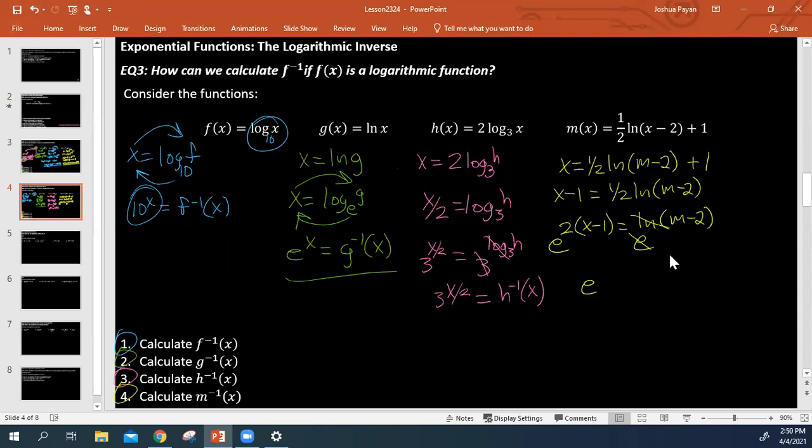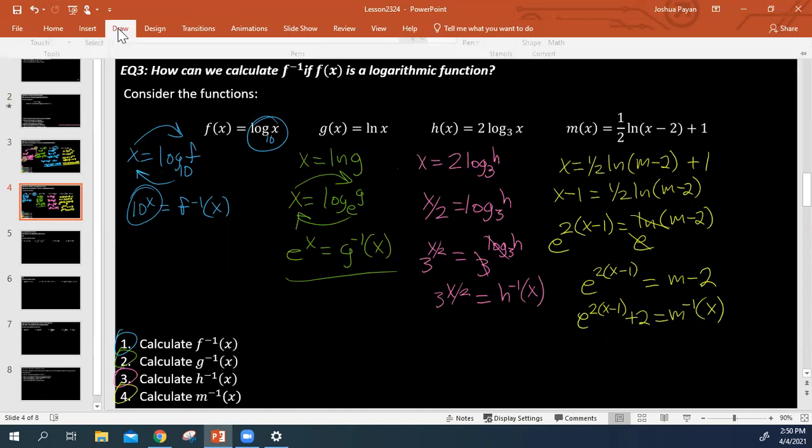And that's going to leave me with e to the 2 times x minus 1 is equal to m minus 2. I'll redo it with a more visual representation in a second. Add 2 to both sides, and that's going to be my m inverse of x.